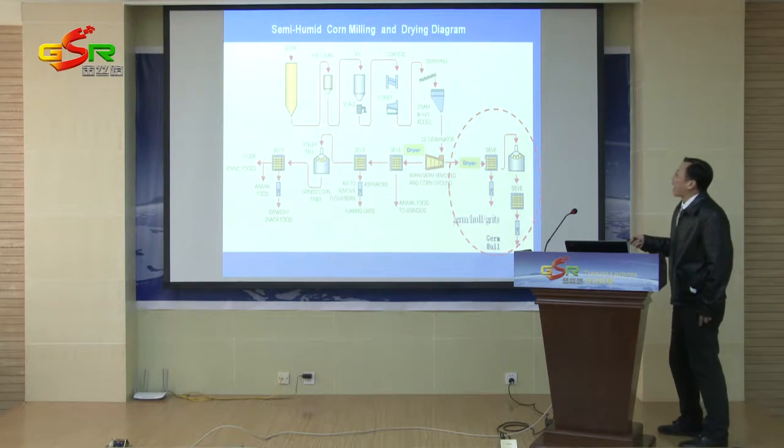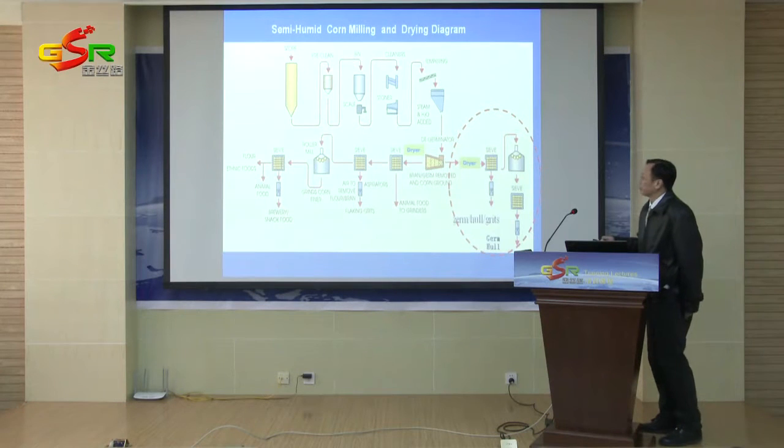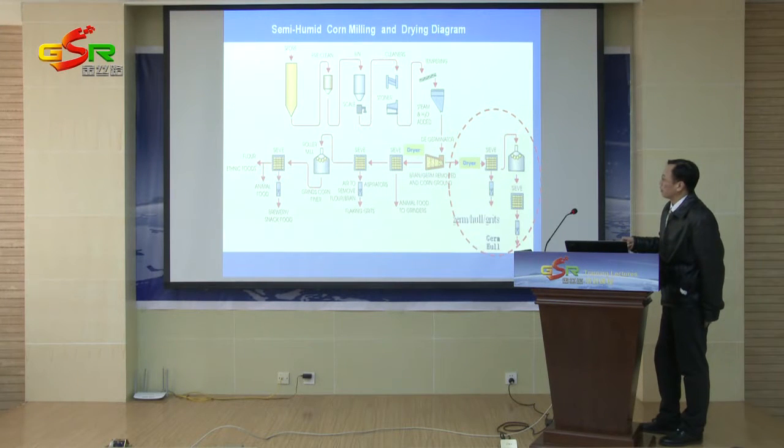And the kernel of the corn, after the dryer, we can use a sieve to get the animal food to grinder, and to get the bigger size of particle corn to meet the flaking grits.